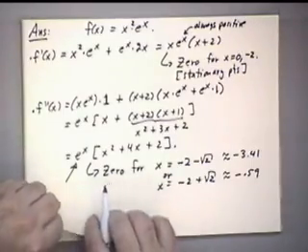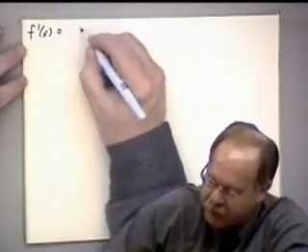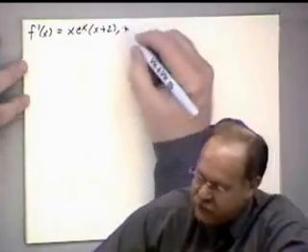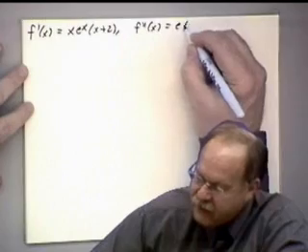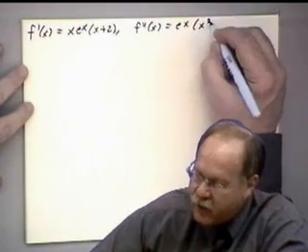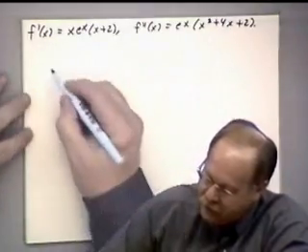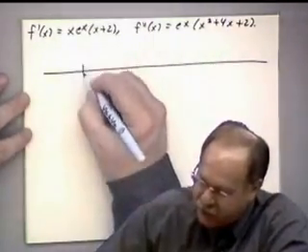All right, let's go ahead and put together a chart here. Let me repeat the derivatives so I'll remember them. x e to the x times x plus 2 is the first derivative. The second derivative is e to the x times x squared plus 4x plus 2. There were 4 numbers that just turned up, and let's mark those down.